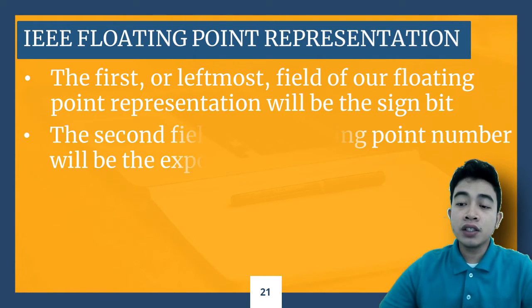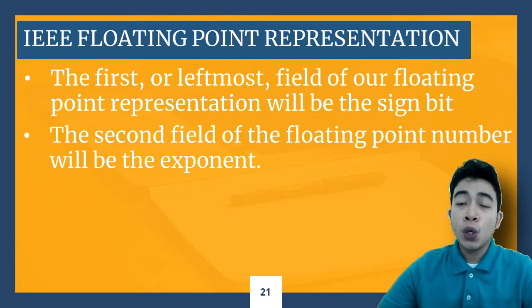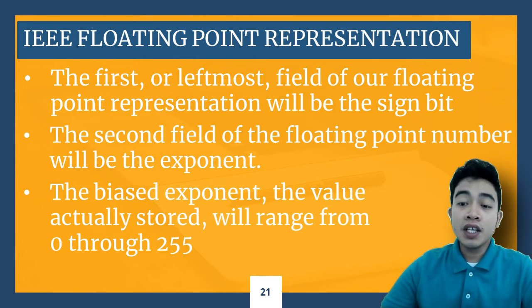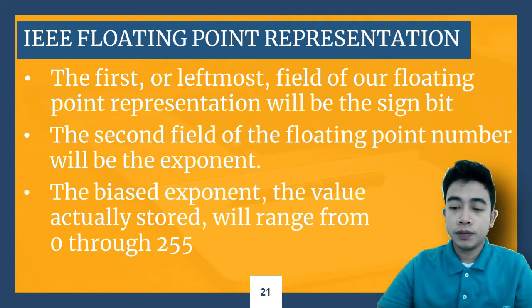The second field of the floating point number is the exponent. Since we must be able to represent both positive and negative exponents, we use a convention which uses a value known as a bias of 127 to determine the representation of the exponent.